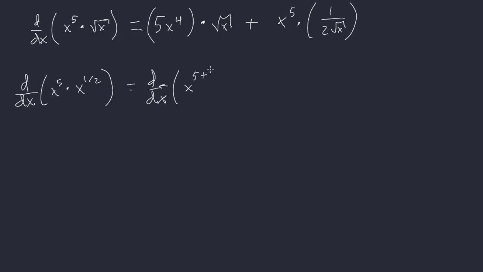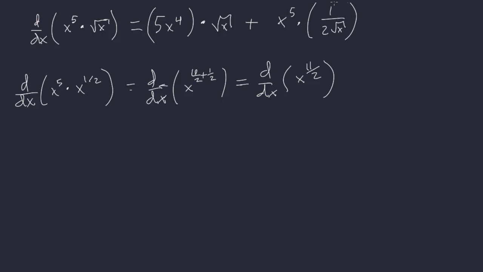So this will be x to the fifth plus 1/2. Okay, and 5 is also known as 10/2. So what we're actually looking at here is the derivative of x to the 11/2.